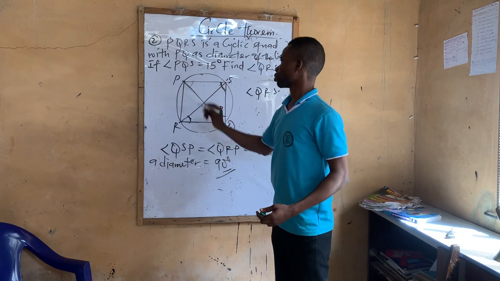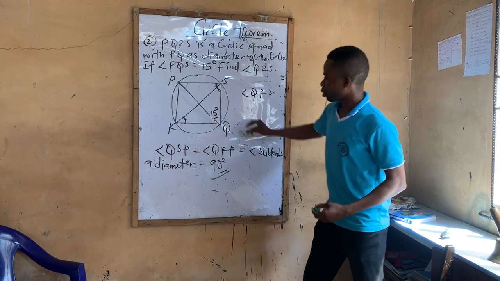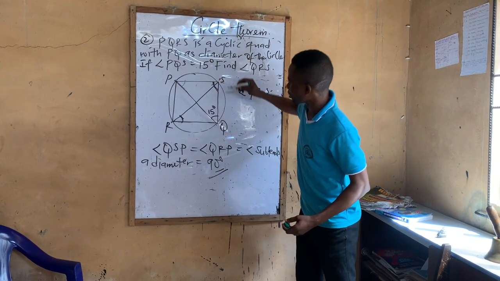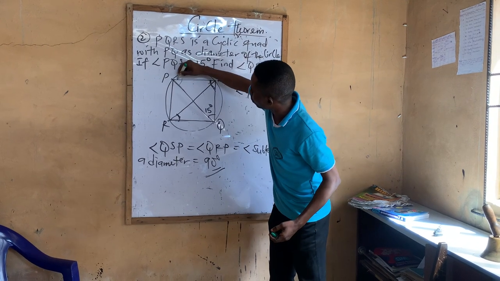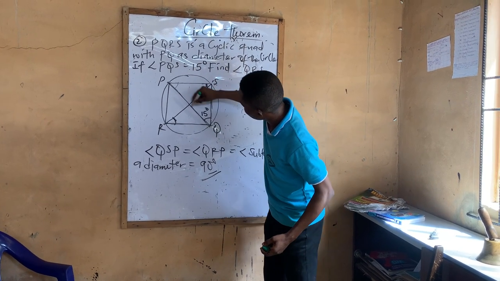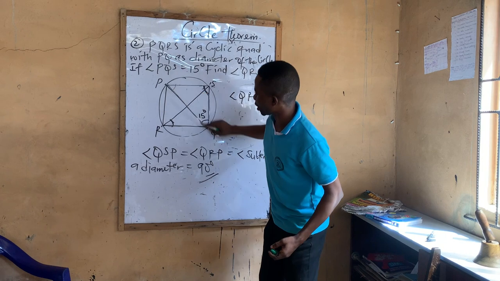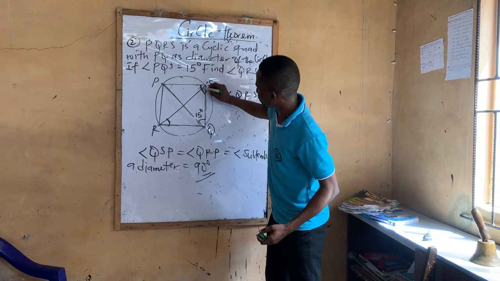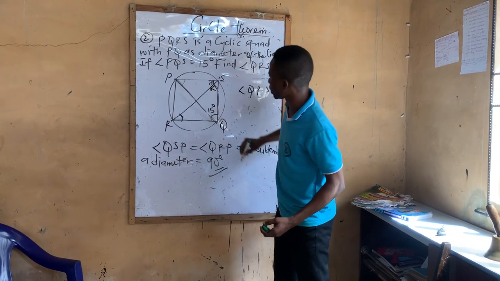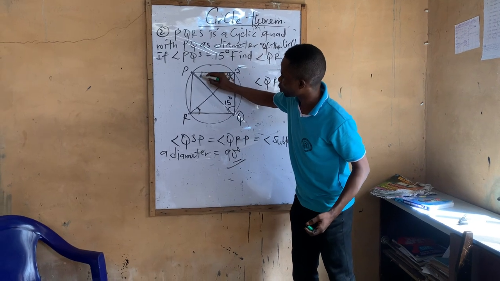After we've taken note of that, I can also get angle QPS. This thing has formed a triangle, and in this triangle there is a 90 here. Since I know there is a 90 here, I can get what is in this corner.